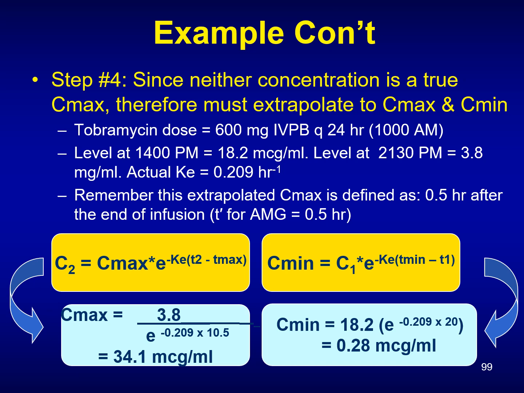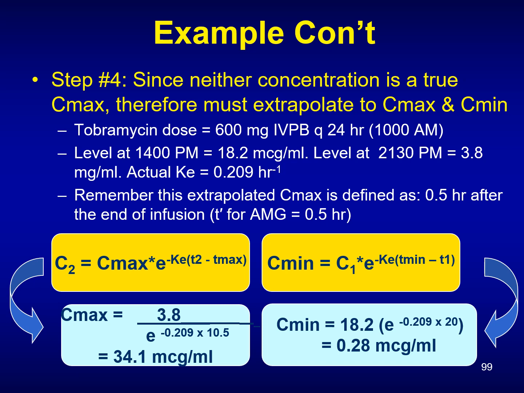So the equation for Cmax is 3.8, that's concentration 2, over e to the exponent of negative Ke, times the time difference between concentration 2, which occurred at 21:30, and Tmax, which occurred at half an hour after the end of infusion.